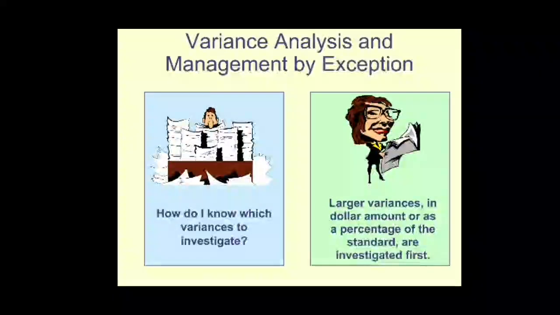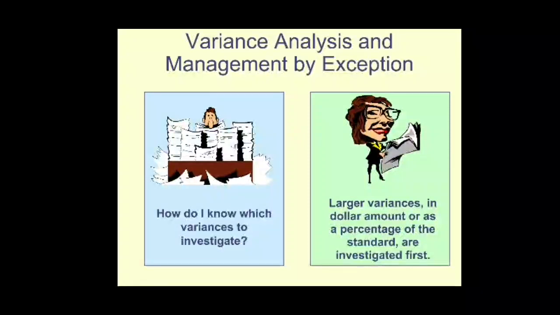Okay, now one thing about the variance analysis. If you have your own business, you do the variance analysis. Maybe you ask yourself, how do I know which variances to investigate? So the answer is larger variances in terms of dollar amount or as a percentage of the standard are investigated first.